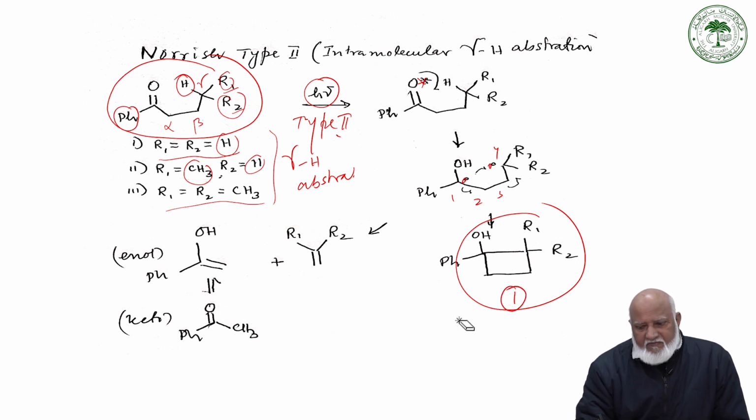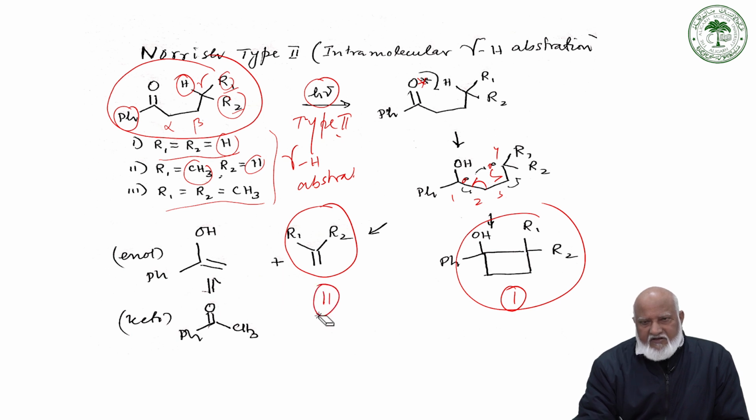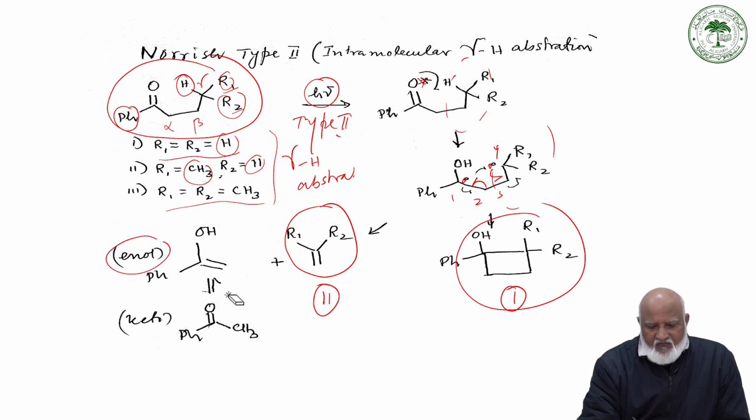It is not the only product, but this radical also undergoes decomposition or fragmentation. So this radical goes like this, and then this goes like this. So there is a second product, where an alkene is expelled. This part goes as an alkene moiety, and then this is an enol form, which is tautomerized to the more stable keto form. So this is the third product.